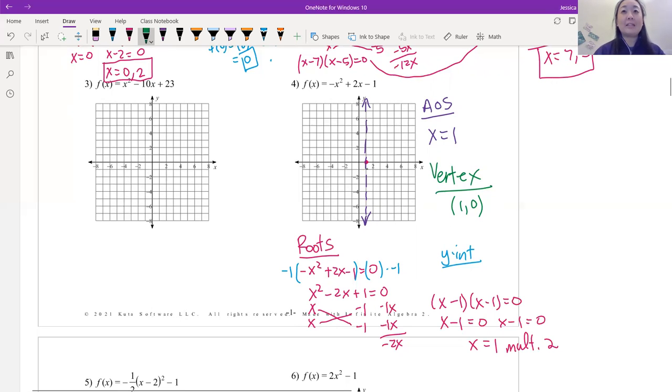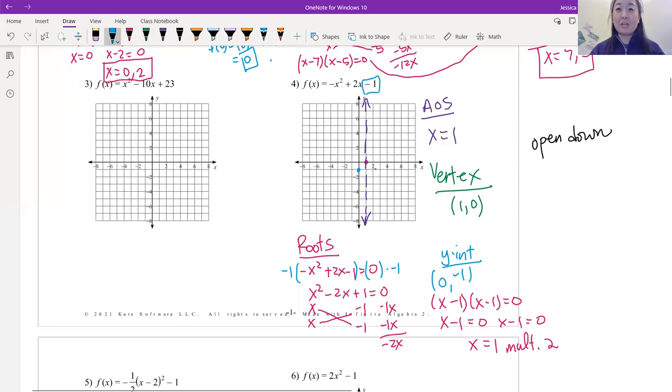So now that doesn't help us create the shape. Is it going to open up or open down? If you take a look at this number right here, remember the a? That's negative, which means we're definitely going to be opening down. But we also know the y-intercept is going to be here at negative 1, down here at negative 1, which means we know the other point, because remember, symmetrical.